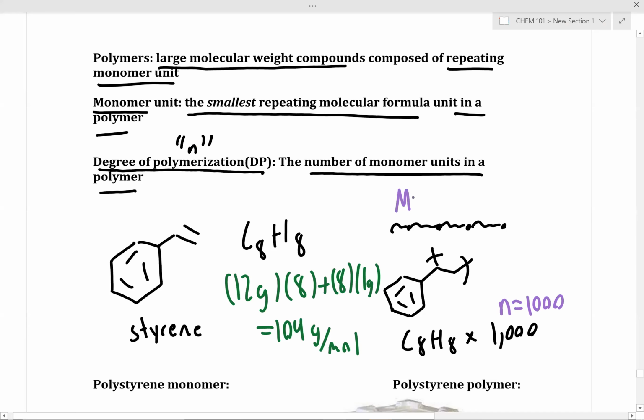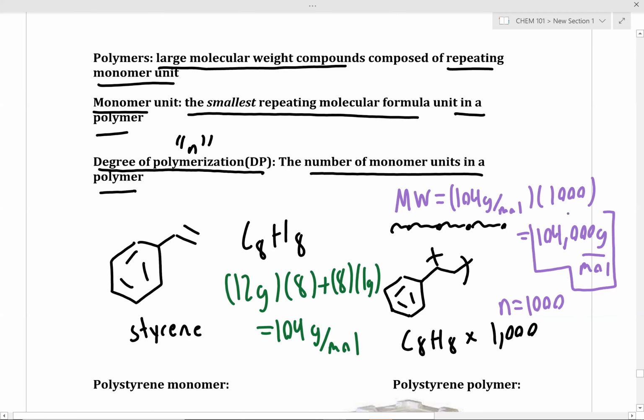So if we want to calculate our molecular weight, we take 104 gram per mole and we multiply by 1,000. And that in turn gives us 104,000 gram per mole. So it's probably larger than any other molecule and molar mass that you've seen to date.